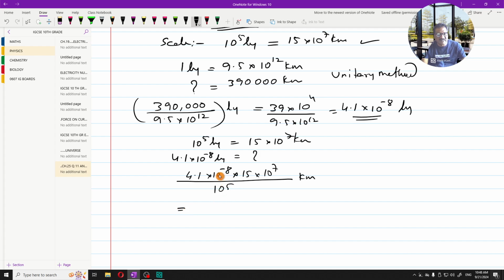This should work out to 10 raised to minus 8 and 10 raised to 7, that is 10 raised to minus 1, and minus 1 minus 5 will be 10 raised to minus 6. We'll first work out this 4.1 into 15.